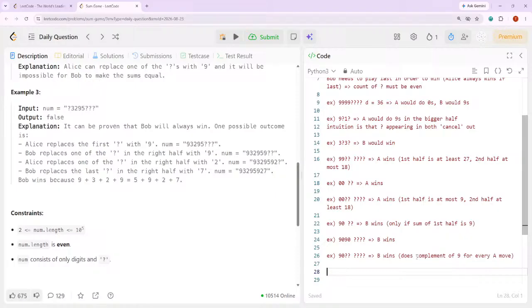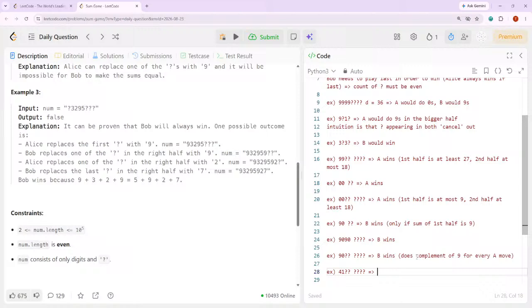Yeah, okay, so if this was anything that did not add up to 9, let's say it's 4-1, I'm assuming this must be Alice. 4-1 is 5.